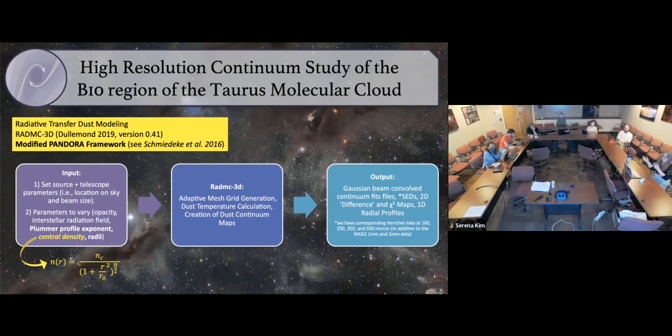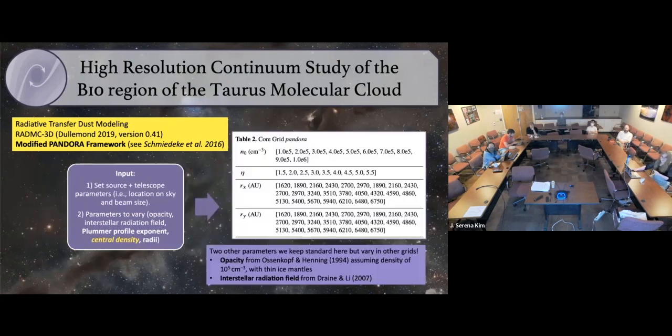And then RADMC-3D has an adaptive mesh. It calculates column density, and it'll spit out continuum maps that we can then compare directly with the data that we've taken, both the 1 millimeter and 2 millimeter data, but I also have corresponding Herschel data as well that we can add in to get better constraints. So this is what I'm working on now.